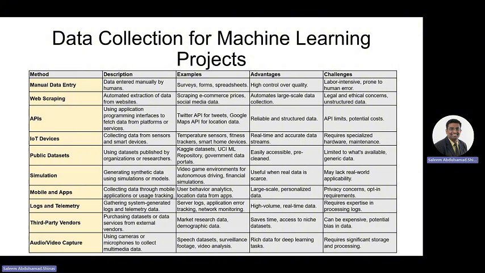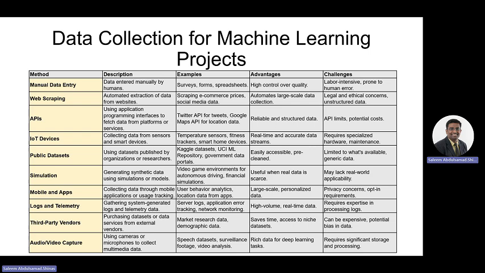Next is IoT devices. As you know, IoT devices frequently generate a lot of data based on the sensors they have, so we can collect data from them. Public data sets are also available; I will show you which public data sets we normally use. You can use those data sets for testing your models.